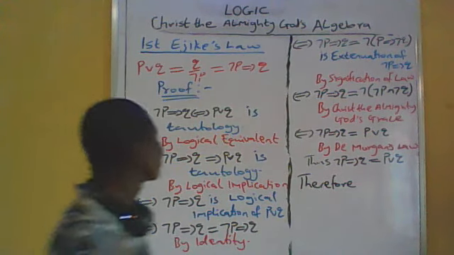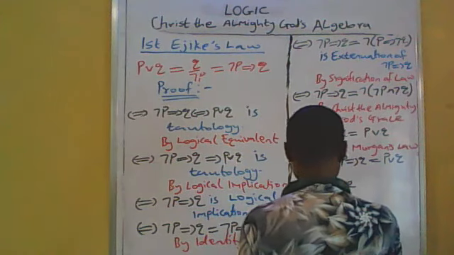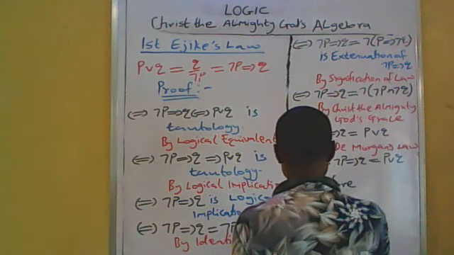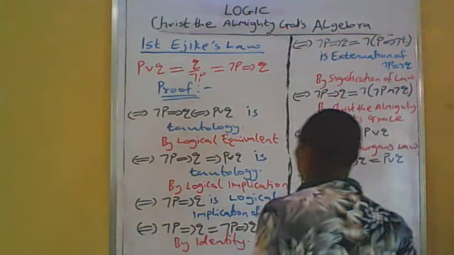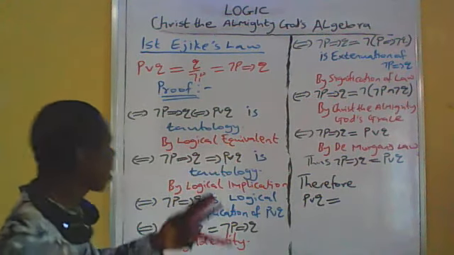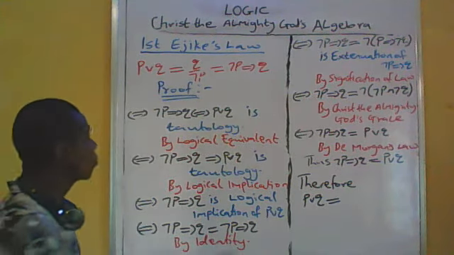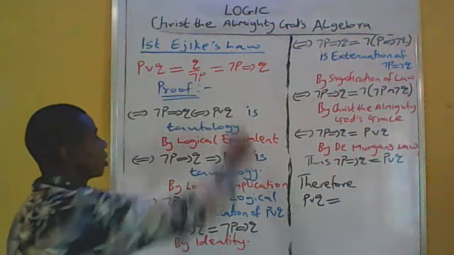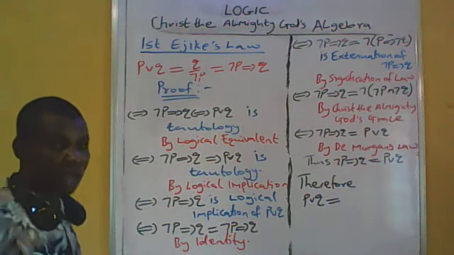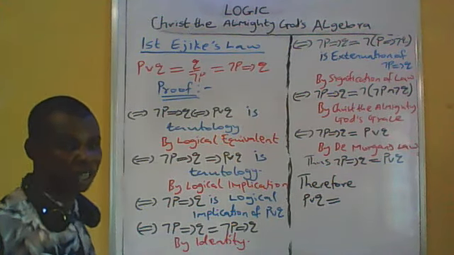Therefore, P or Q is equal to, when we are establishing our hypothesis, we remove Q upon not P to manage our space. Now I'm going to introduce it again.